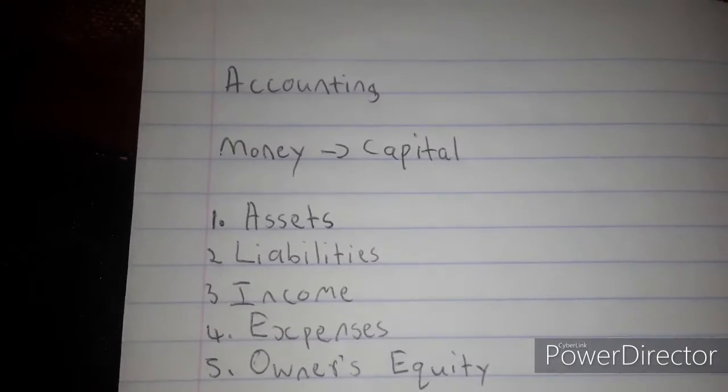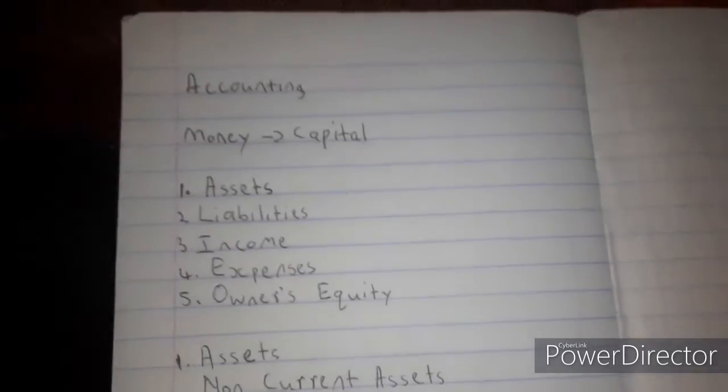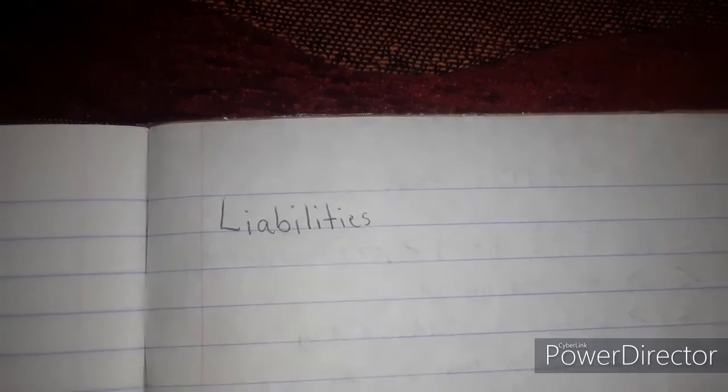Now let's go to group number 2, or the category number 2, which is liability. A liability is an amount of money that a business owes.